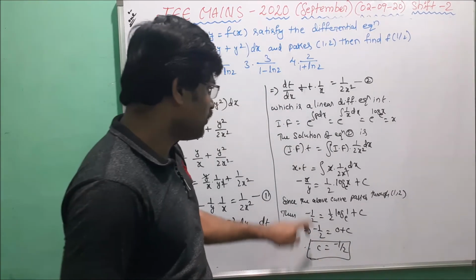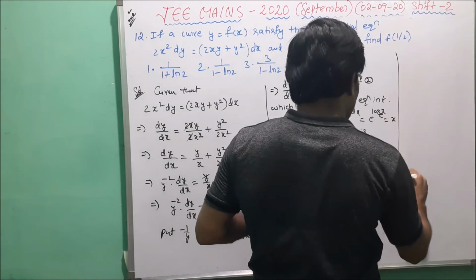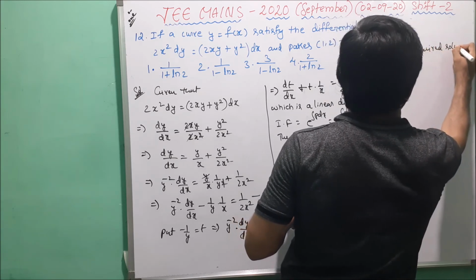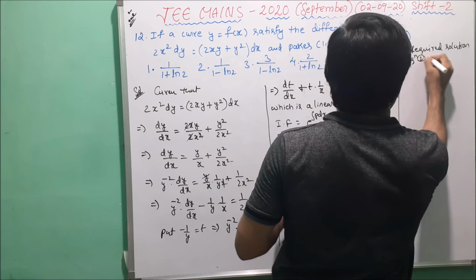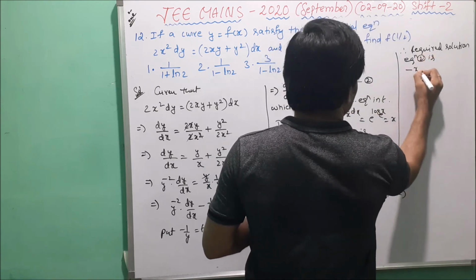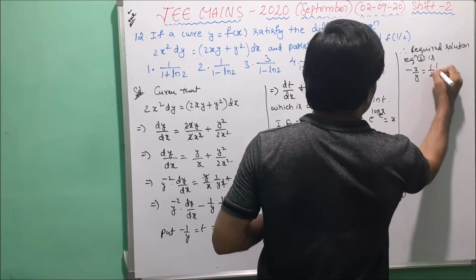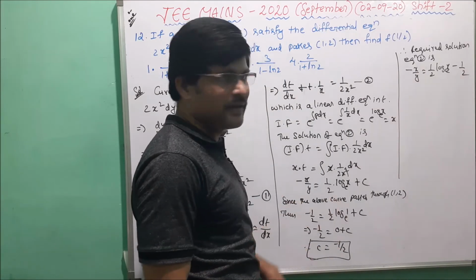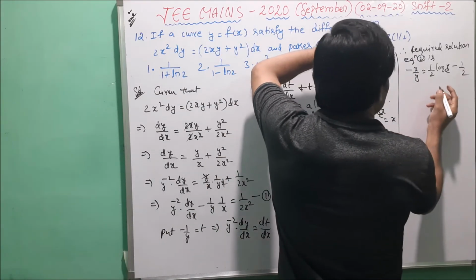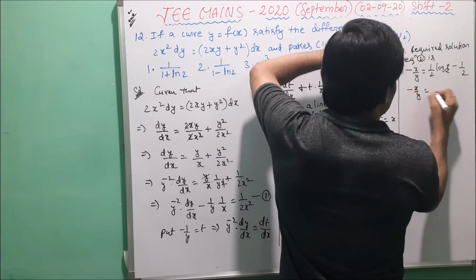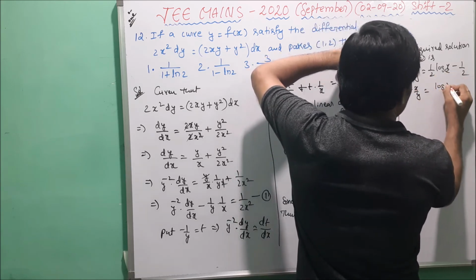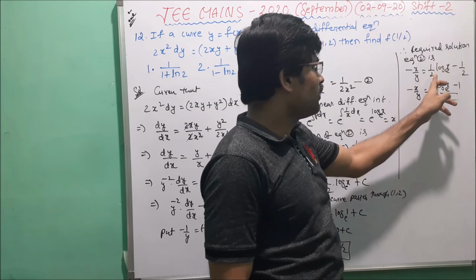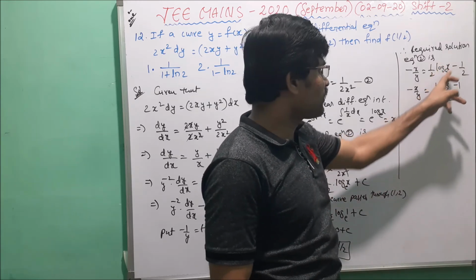Now substitute the c value in the above solution. Therefore the required solution of equation 2 is minus x/y equals 1/2 log x minus 1/2. Here the c value is minus 1/2. So minus x/y equals (log x minus 1)/2. Here the LCM is 2 because the denominators are the same, therefore numerators: log x minus 1.